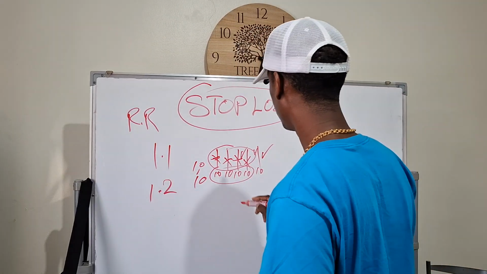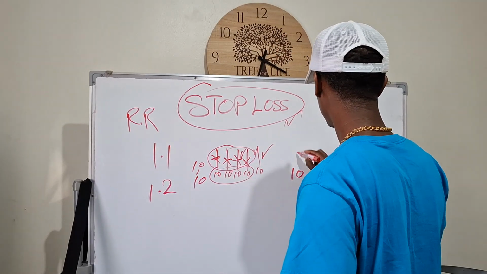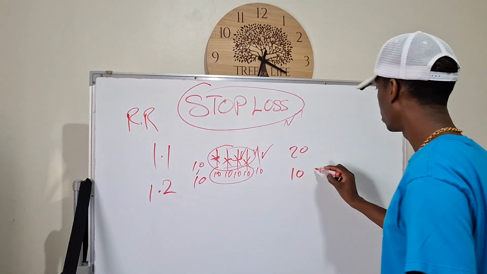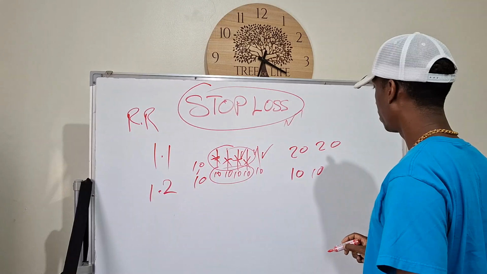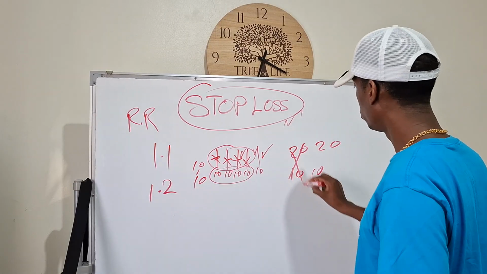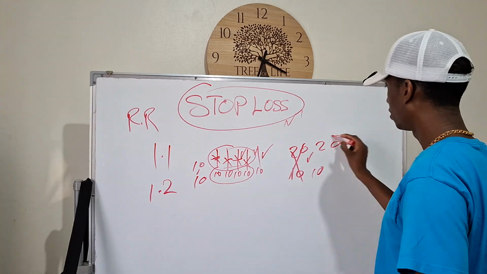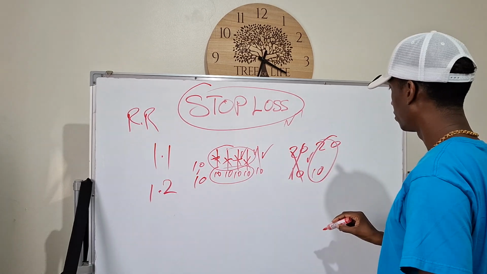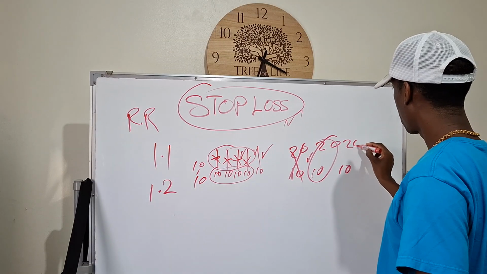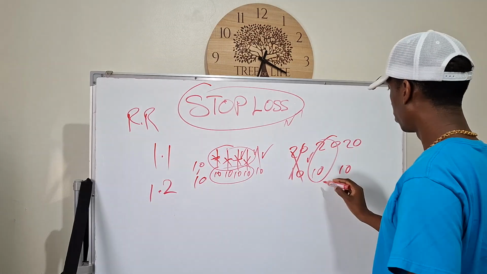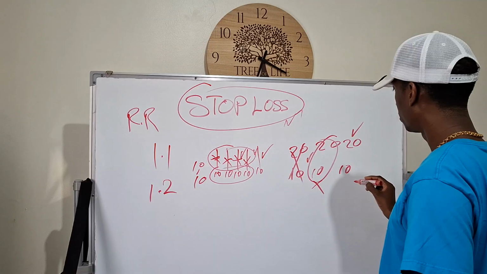1-to-2. If you're using 1-to-2, 10 for 20. You lose this one. You win this one. You break even over here. If you have another position, you lose this one, you lose this one, you win this one.